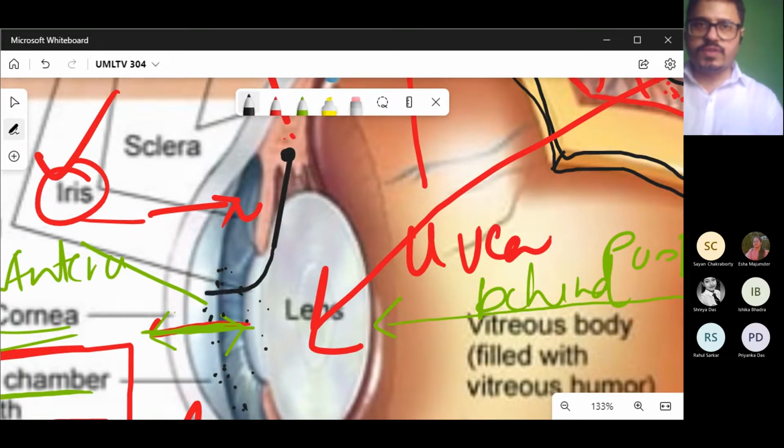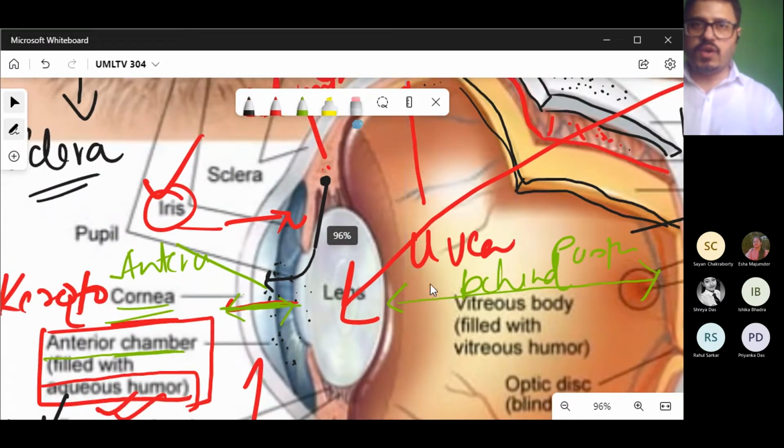Then it enters this space, which is the anterior chamber, and similarly from all different directions as well. In this way, the entire anterior chamber always remains filled with this fluid called the aqueous humor. Got it?